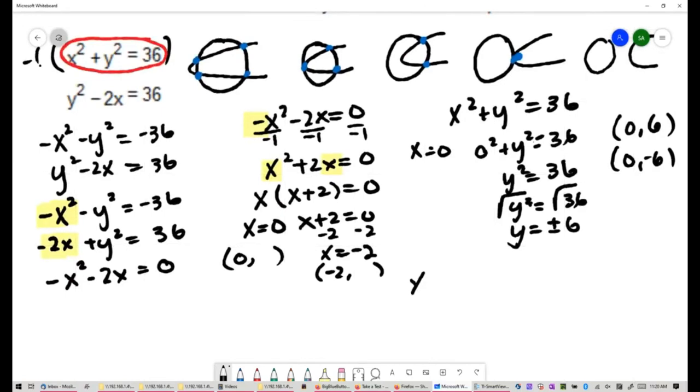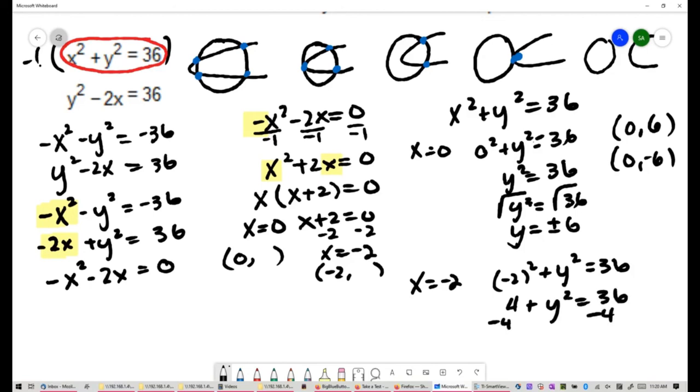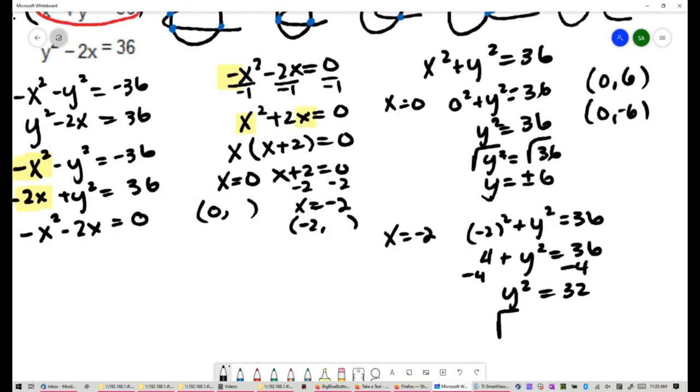And then if x is equal to negative 2, I would have negative 2 squared plus y squared equals 36. Negative 2 squared is 4. And I'll subtract 4. And that gives y squared equals 32. I can square root both sides and get y equals plus and minus the square root of 32.